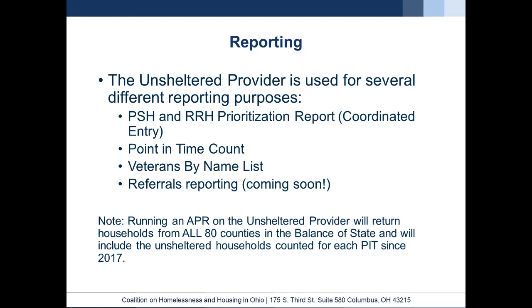So it wouldn't really mean much to run the APR on this provider, though you can do it. But as long as you understand what you're looking at when you do run it, just be aware that it's including unsheltered people from all over the balance of state. And it also will include unsheltered households who are counted for the point in time count, if your date range crosses that date, right? So just be aware of that.